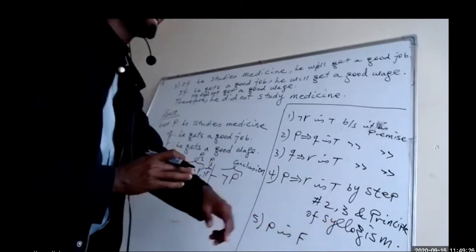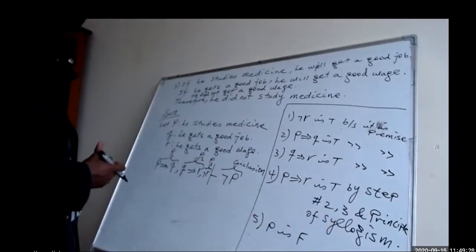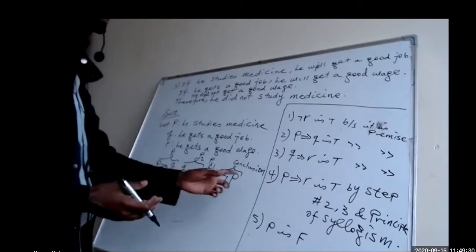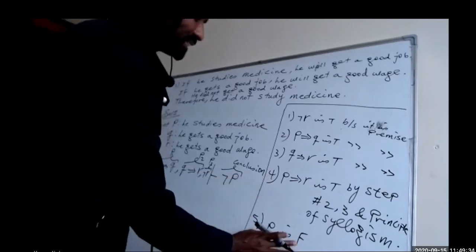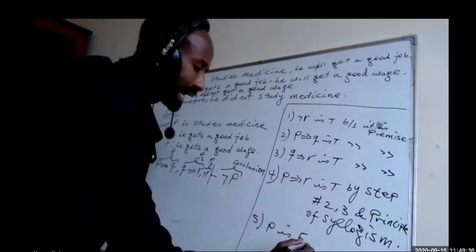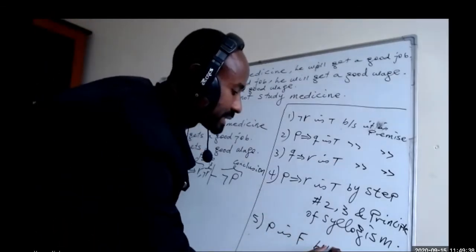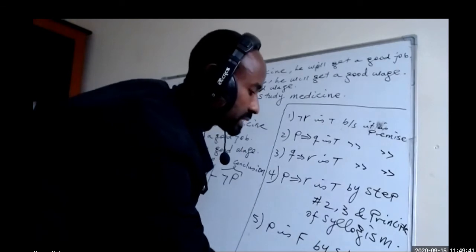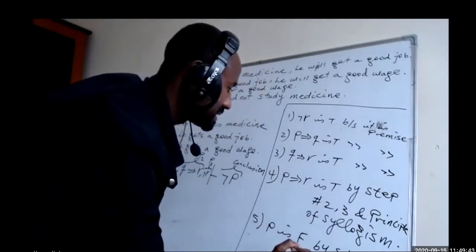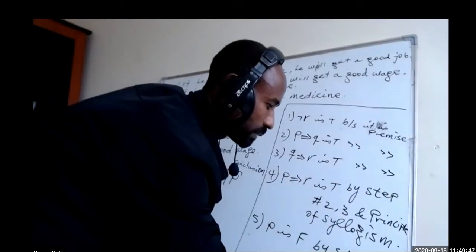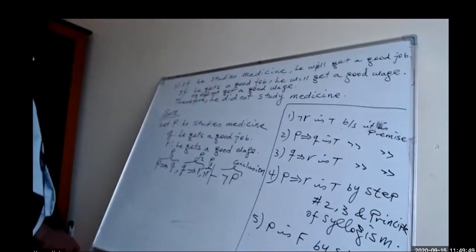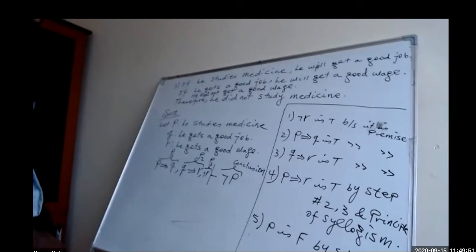That is against, or contradicts, step number 4. So P is already false by step numbers 1 and 4.